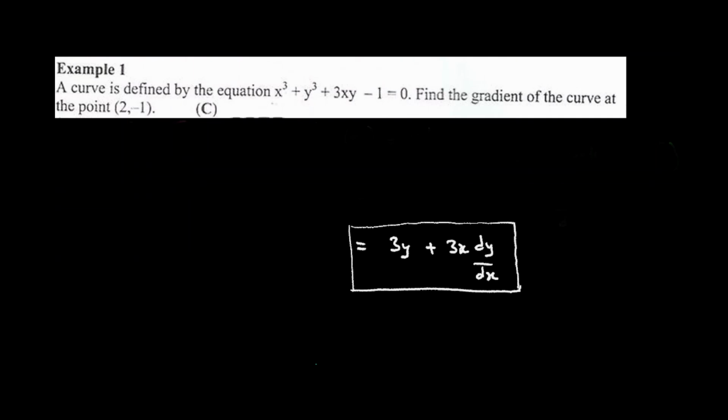So what has happened now is this: we want to find the gradient. We know that gradient is differentiation, and so we want the derivative of that function, or that equation. What then are we going to do? Let me write the equation down first. x cubed plus y cubed plus 3xy minus 1 is equal to 0.